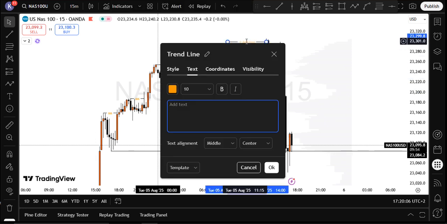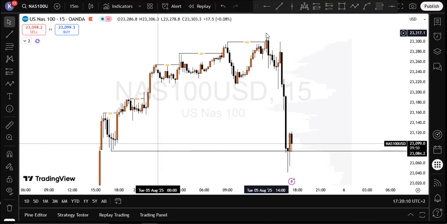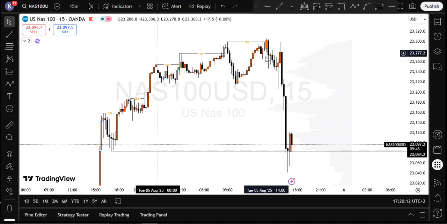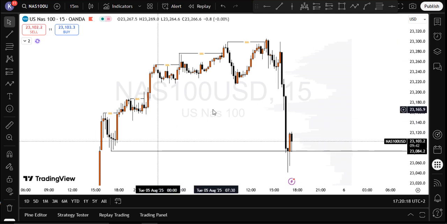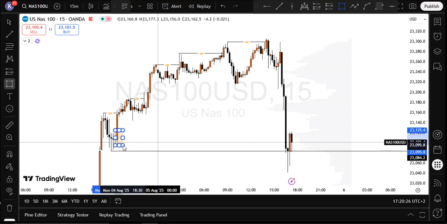There the market swept liquidity, it took out London session's highs, then it closed below the area. So from there we started looking for selling opportunities.